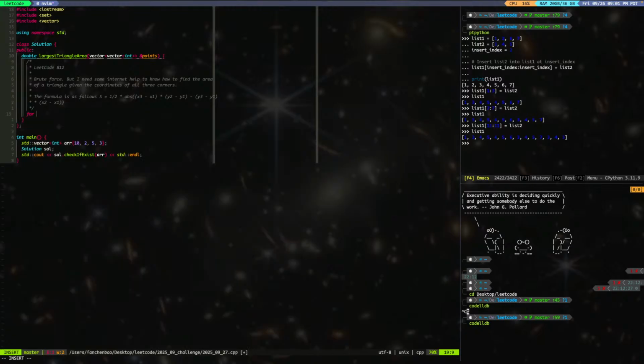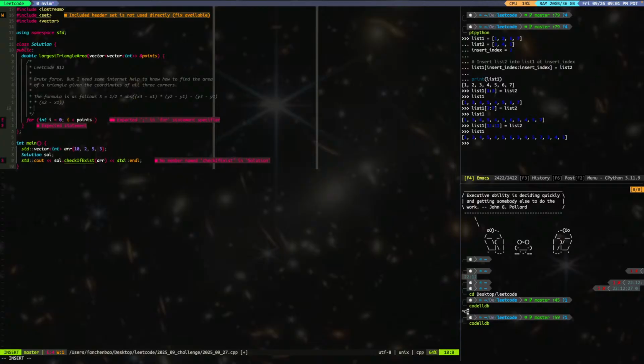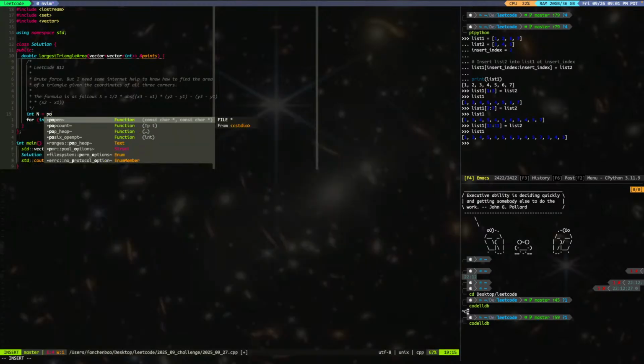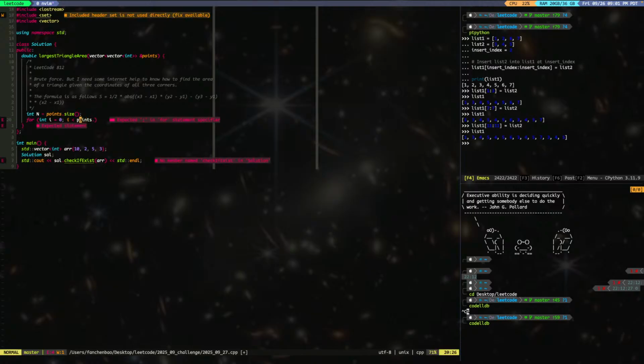So for i equal to 0, i smaller than points.size, so this is going to be n minus 2, because n minus 1 minus 2, so n minus 2 minus 3, yes, and then i plus plus.